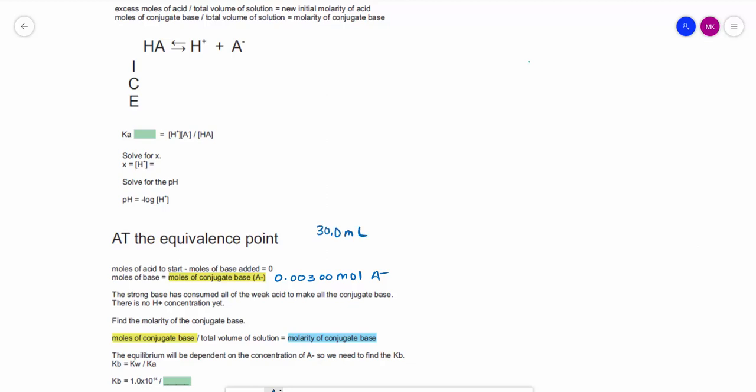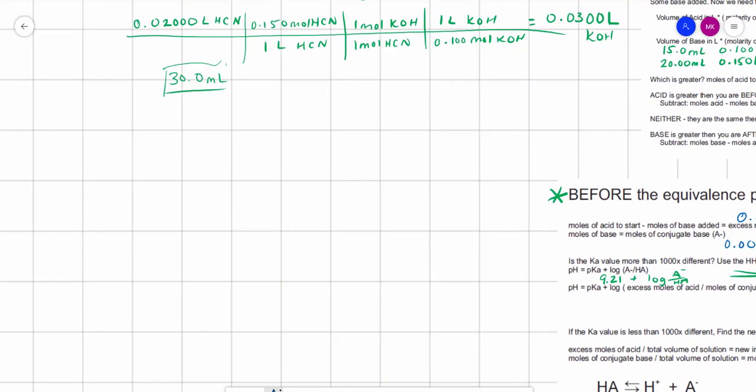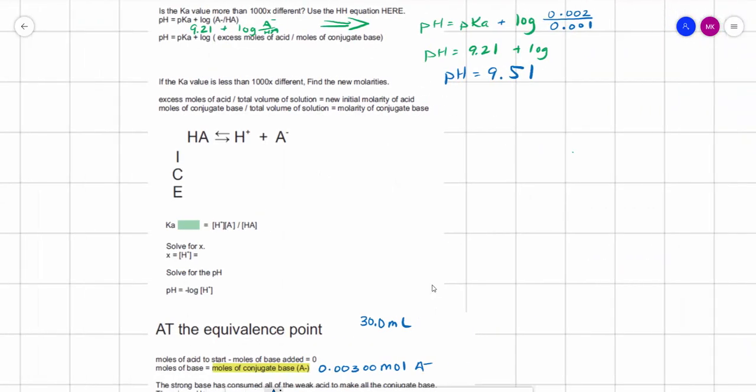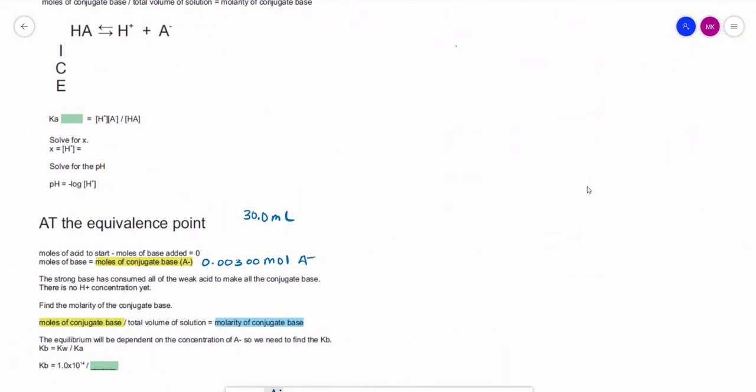So I had already calculated that 30 milliliters of my 0.1 molar KOH would be at the equivalence point. So that's how many moles of base I had, and that's how many moles of conjugate base I formed. But I have a total of 50 milliliters in solution now, because my original acid solution was 20 milliliters. At the equivalence point, I need 30 milliliters of base for a total of 50 milliliters.